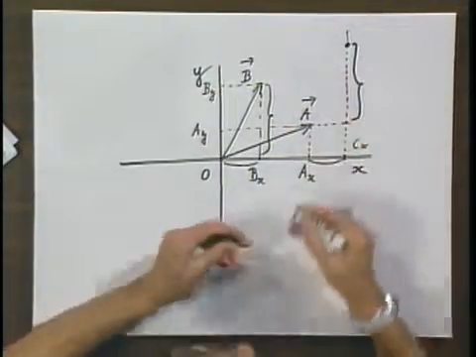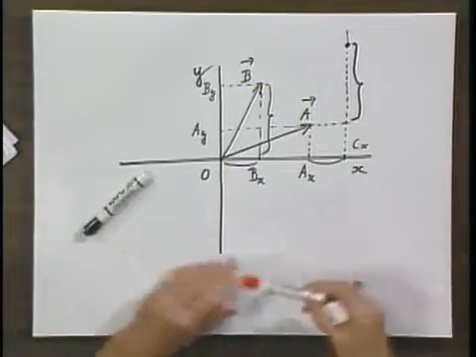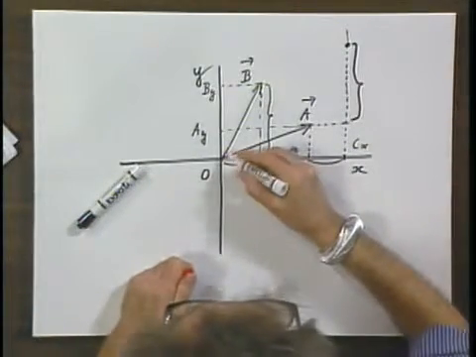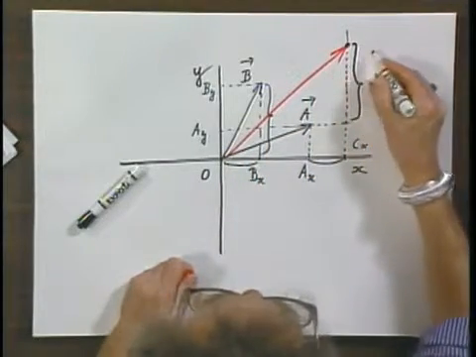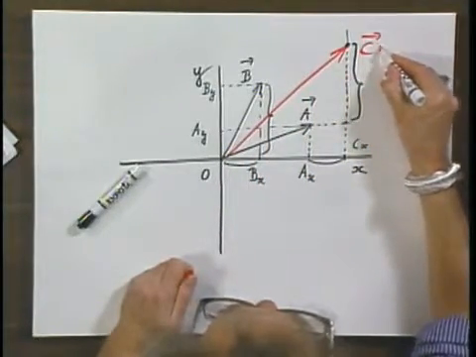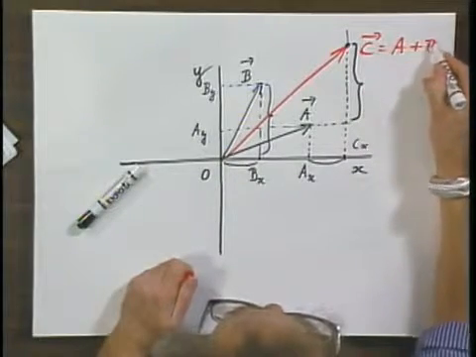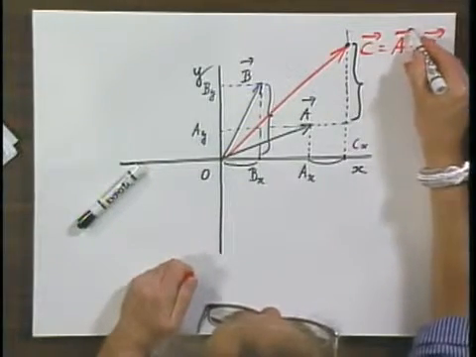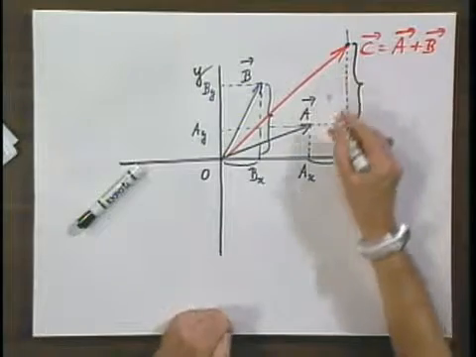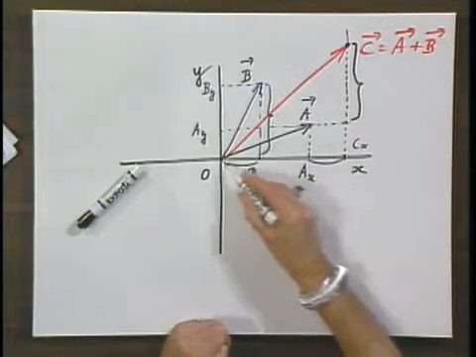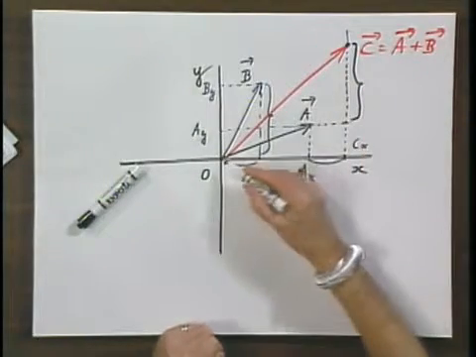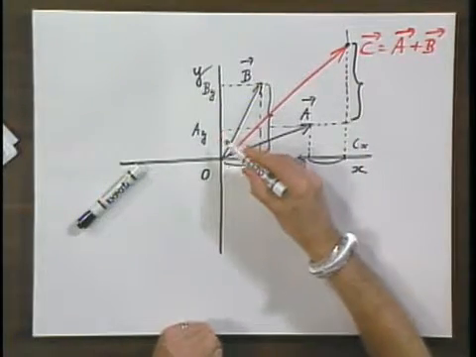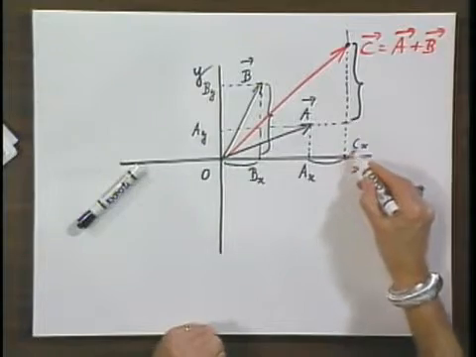And so this is now the endpoint of my vector c. There is c, and that is a plus b. The x component of c is ax plus bx, and the y component of c is ay plus by.